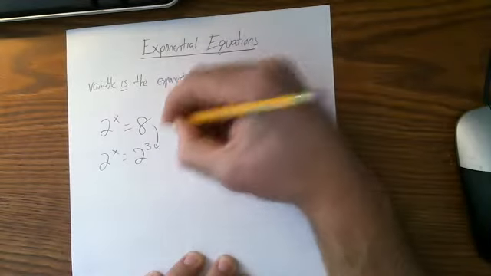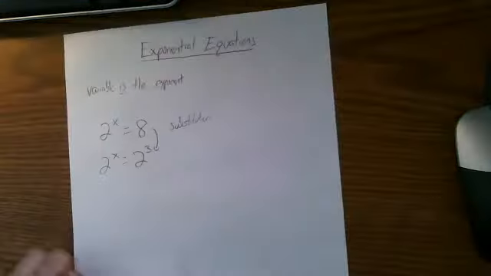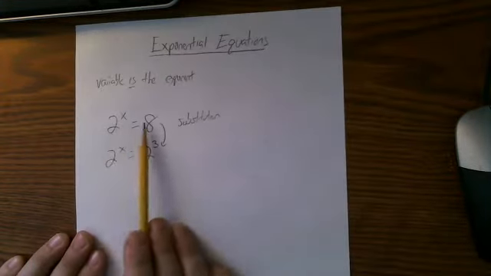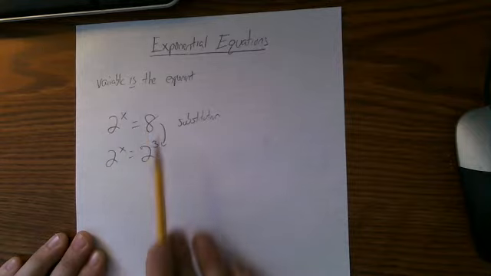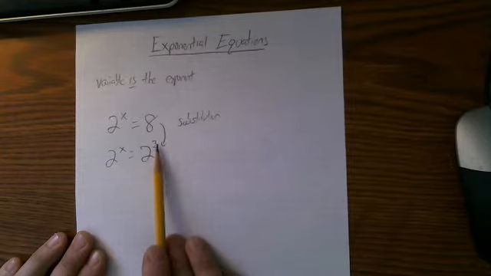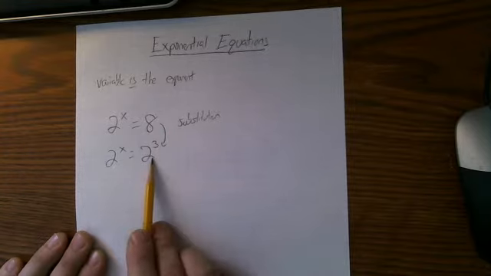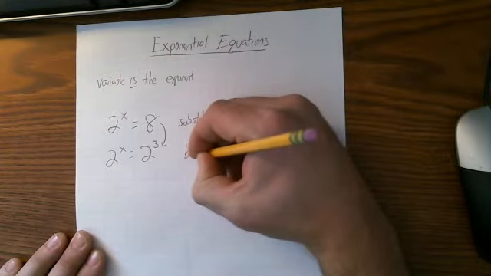Now, from this step to this step, that's a substitution. I took a look at my original equation and said, I have a base of 2 and a base of 8. So how can I express 8 with a base of 2 if that exponent is 3? So now from this step to the next step, I can say that the bases are the same.